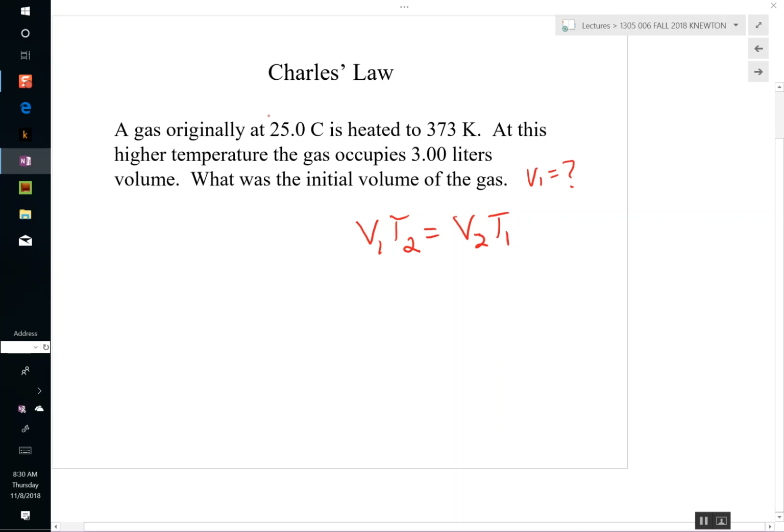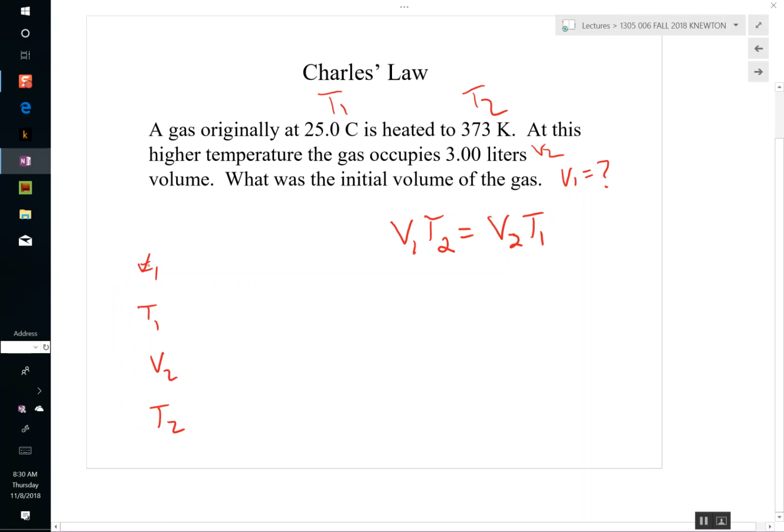What was the initial volume? A gas originally at this and heated to this occupies this. So V1 is our unknown.